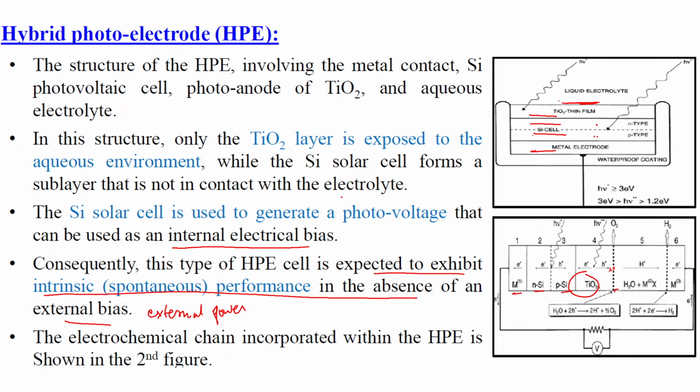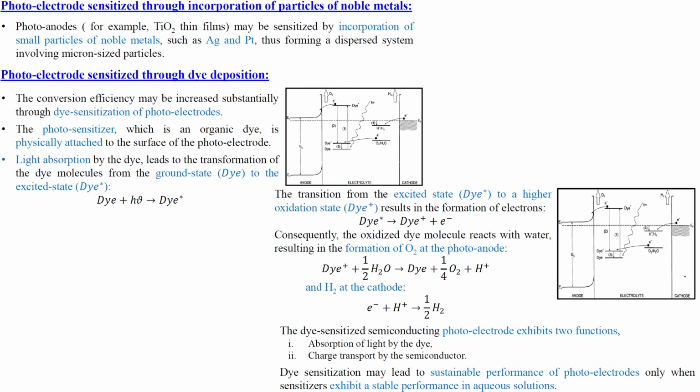This hole goes to the surface of this photoanode, and using this hole, water gets oxidized to release nascent oxygen at the anode, and further the protons move towards the cathode side, where electrons from the external circuit move to the cathode side, and those protons get reduced and produce atomic hydrogen. Okay, so here there is no need for an external power source.